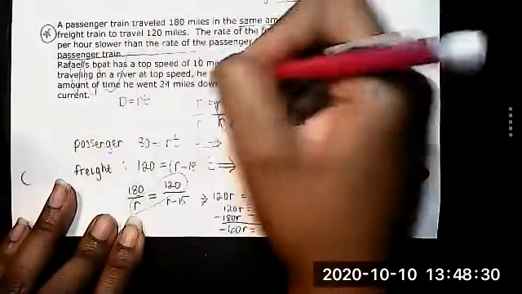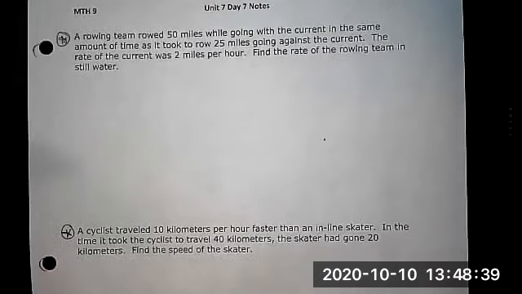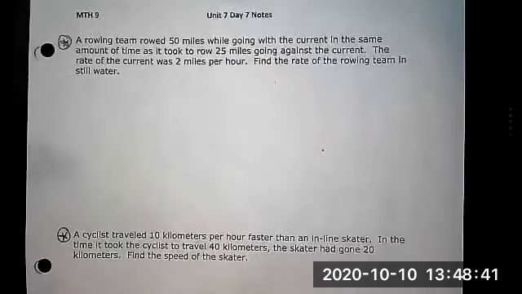Now, instead of doing this one, I'll just go ahead and do the next word problem that is very similar, and you have to set it up in the same way, okay?